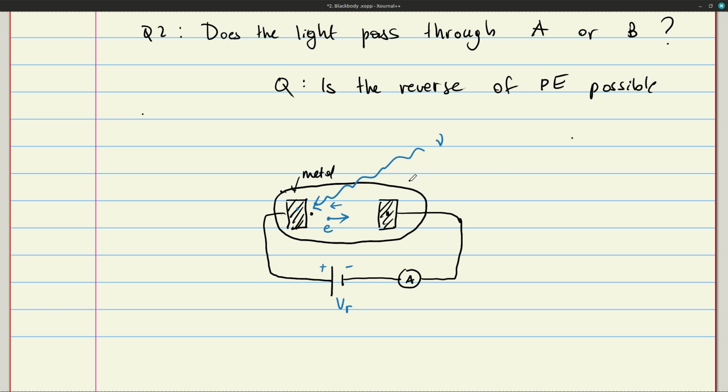What I mean is, rather than sending light to generate current, is it possible to generate current like this? You just shoot the electrons and expect light to come out like that. Okay, and the answer is yes, and this is what we call X-rays.